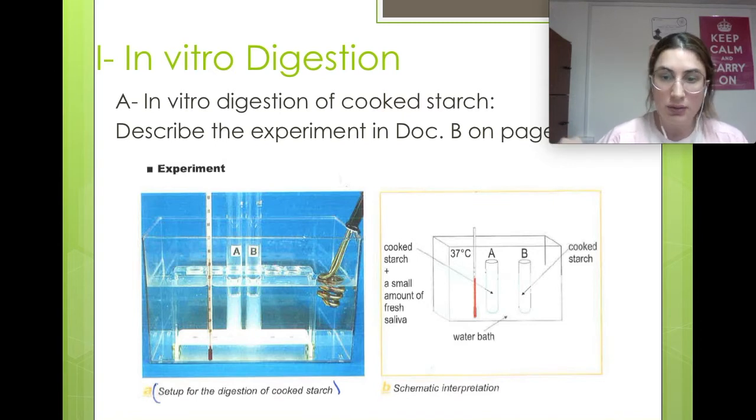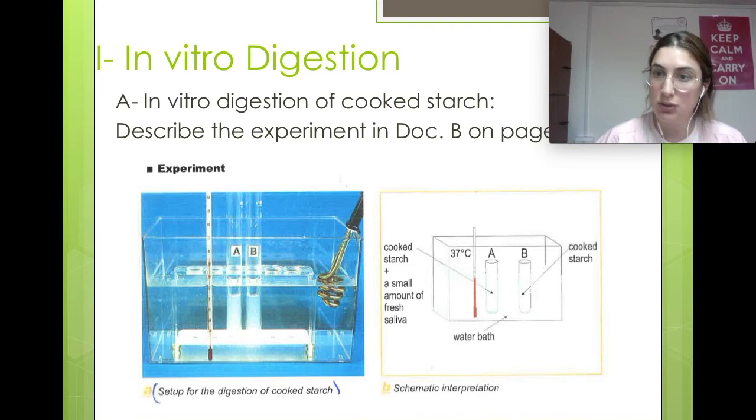So, given all this, how are we going to describe? We're going to say, we put cooked starch in two test tubes, A and B. We added, and you can see over here with me that there is the plus sign, which means that you added, a small amount of fresh saliva in tube A. We placed both tubes A and B in a water bath at 37 degrees Celsius.